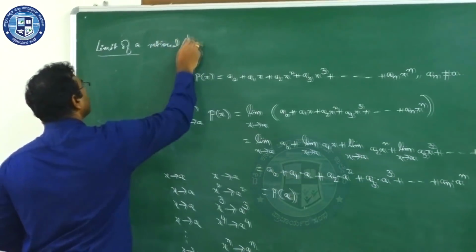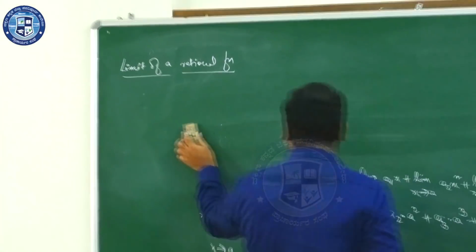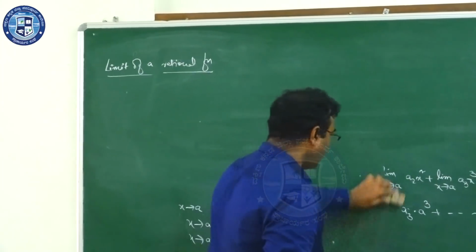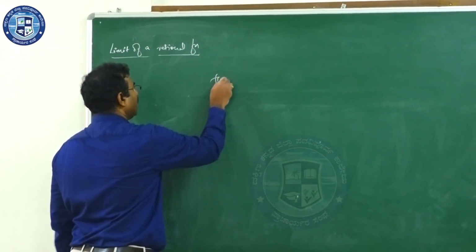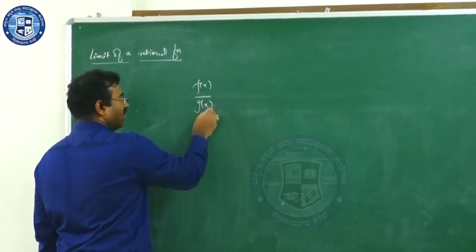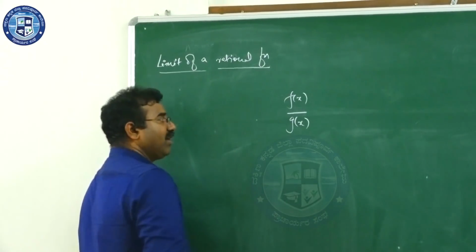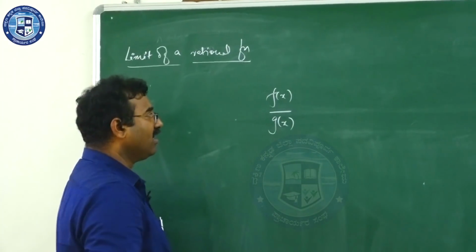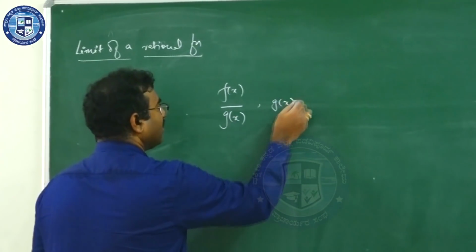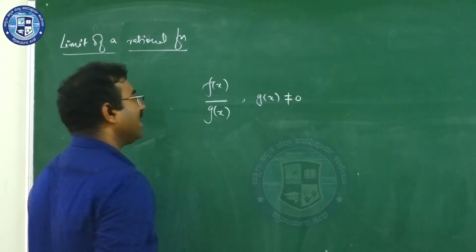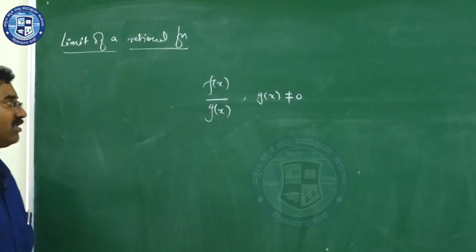Rational function means, if f(x) and g(x) are any two polynomials, then f(x) by g(x), where g(x) is not equal to 0, we can call it a rational function.